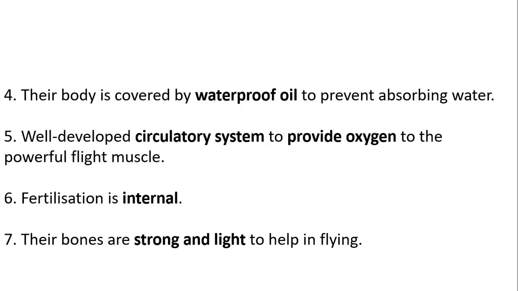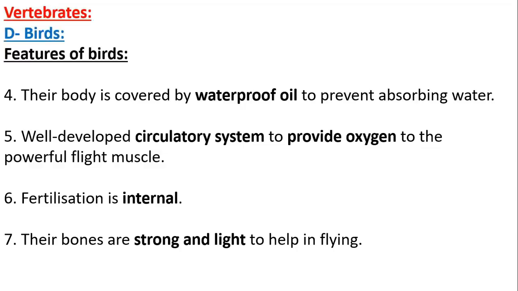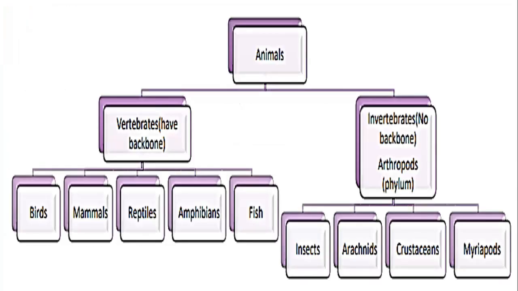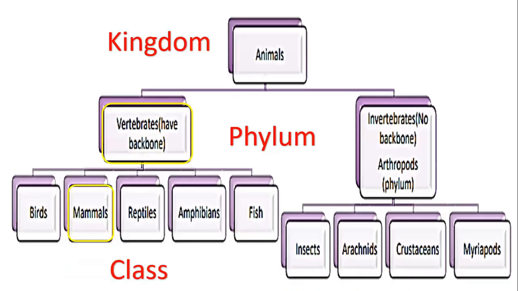Their fertilization is internal, like reptiles, of course, and their bones are very strong, yet very light. Why? Because they need strong bones to help them fly and ease their movement, yet they have to be light, they can't be heavy, to help them fly higher and higher. So these are other features of birds. Let's look at the last class, the one that we belong to, which is class mammals.